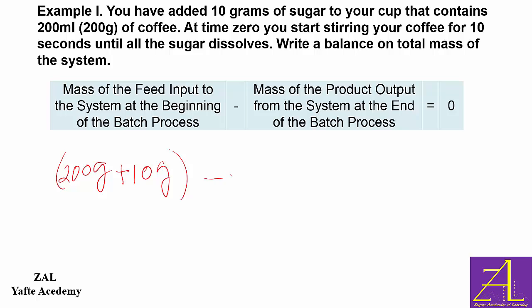Let's consider that M. So M is the product. This is equal to 0. And we have the amount of M as 210 grams, as shown in the lecture note.